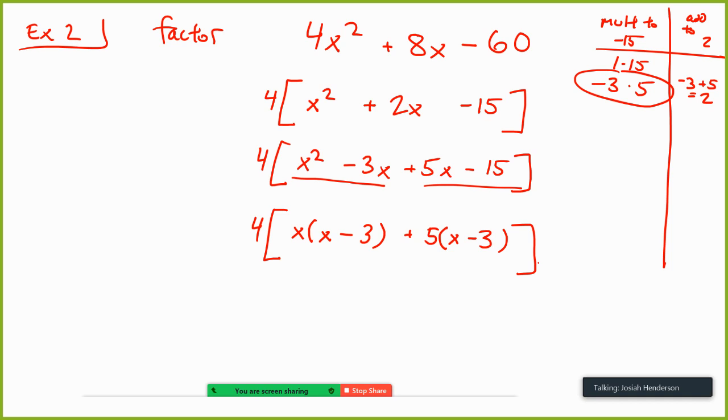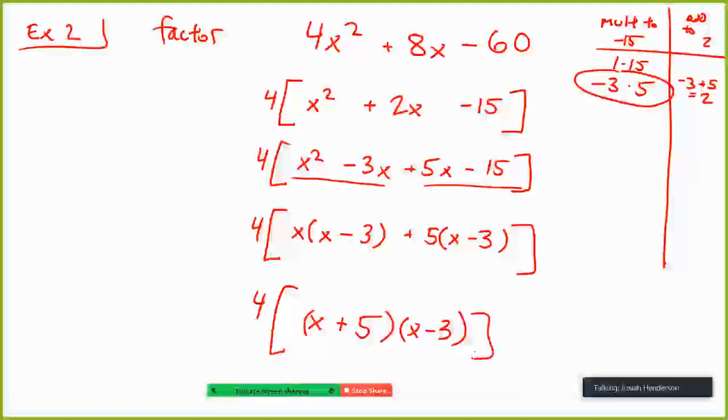The brackets are acting just like parentheses. It's just grouping. We pulled out that 4 initially, so we're working only inside the brackets for the rest of the problem. And then we can factor out our x minus 3. So we've got x plus 5 times x minus 3.